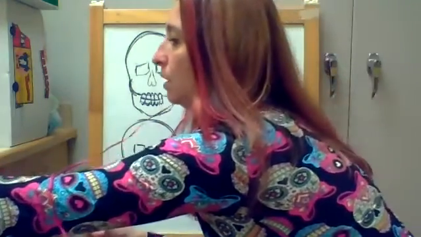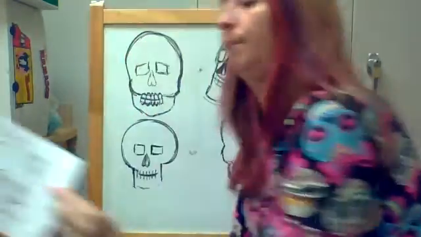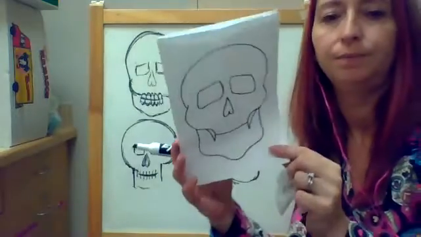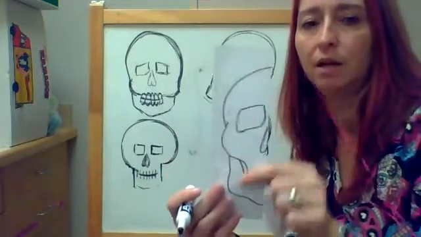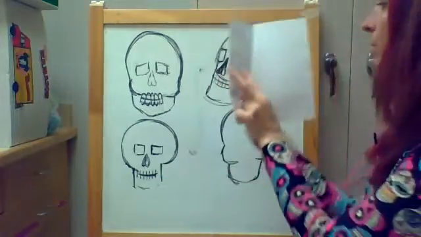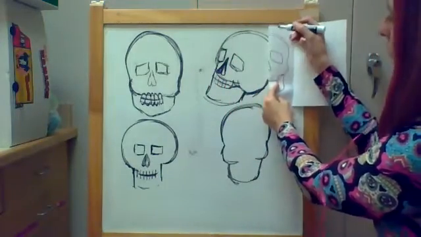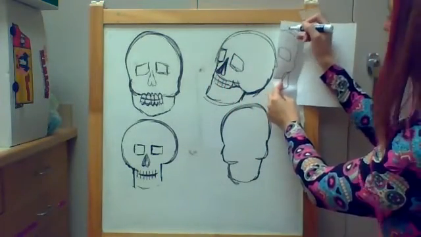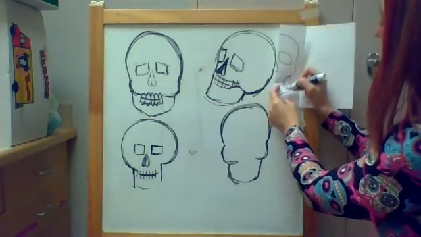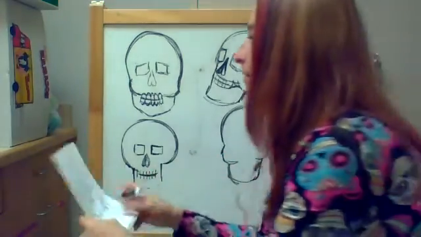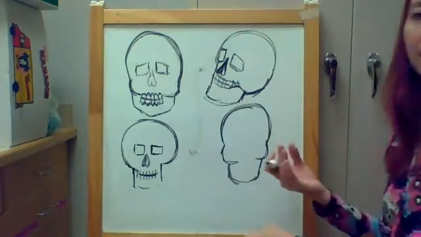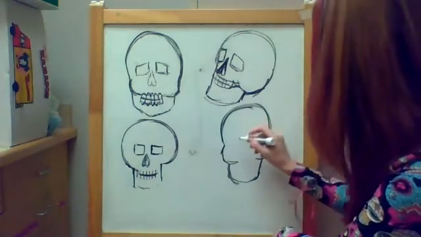And if you draw one side and you hold your picture over a window, so let's say I draw this side. If I hold this up to a window, I should then be able to see the other side of my face, and I can draw in the rest of my features. So I can copy exactly what I already had.